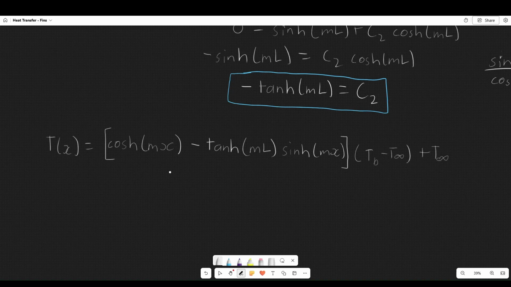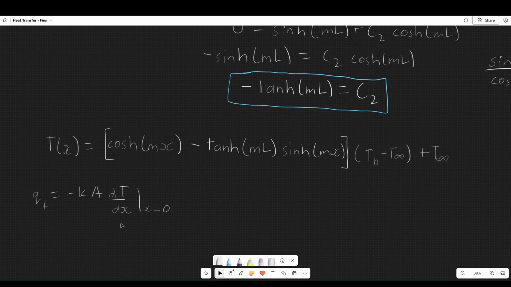Go back to Fourier's law: Q_f equals, remember, negative k A dT/dx. The heat flux at the wall would be at x equals 0. Now that you know the temperature profile, you can take the derivative, get dT/dx, and solve Fourier's law to get the heat flux.